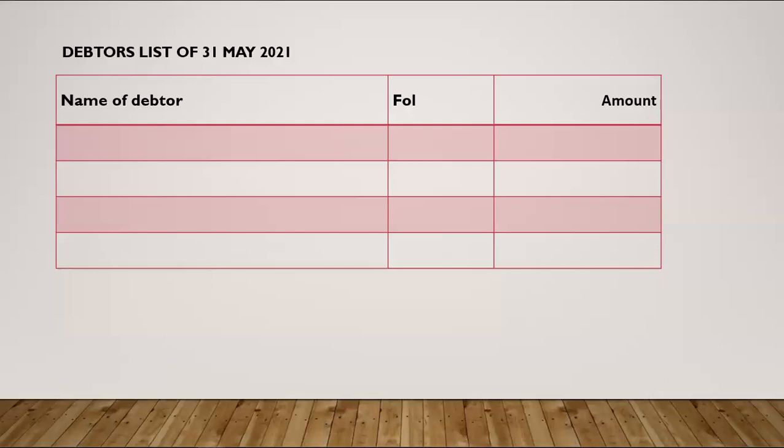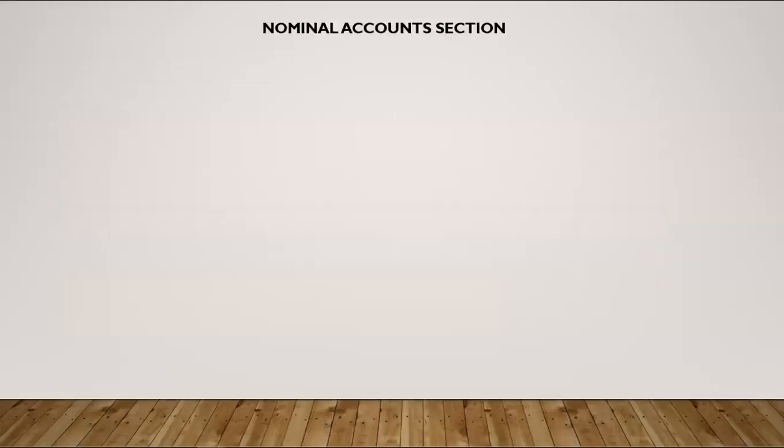The last one will be your debtors allowances balance, which is 3,400.